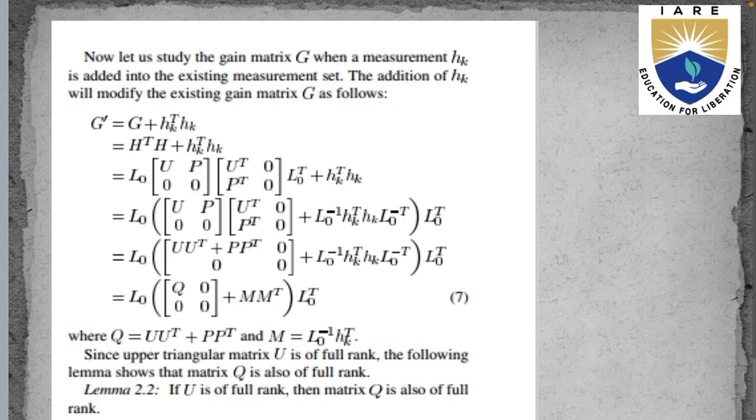G_n = G + h_k^T h_k = H^T H + h_k^T h_k = L0 [U U^T + P P^T, 0; 0, 0] L0^T + h_k^T h_k, where Q = UU^T + PP^T and m = L0^-1 h_k^T.